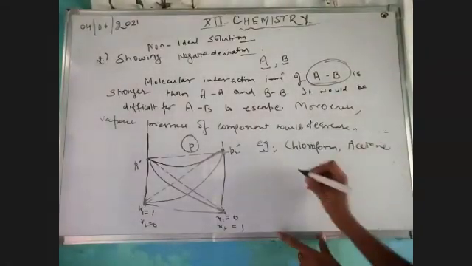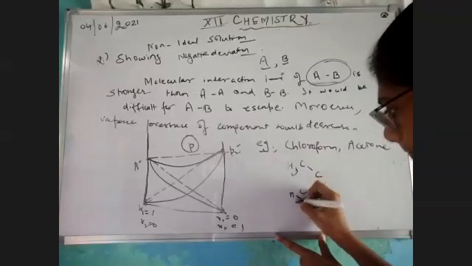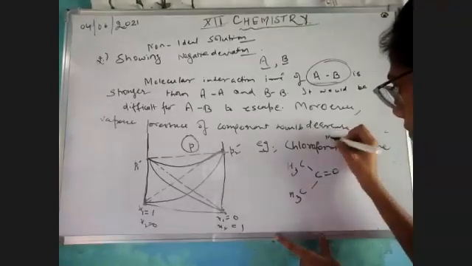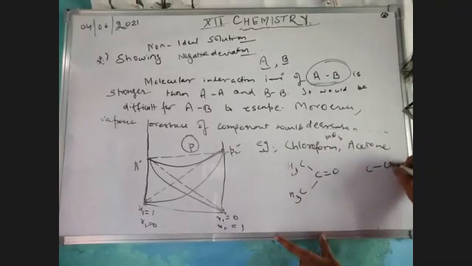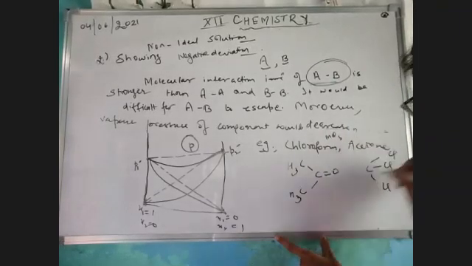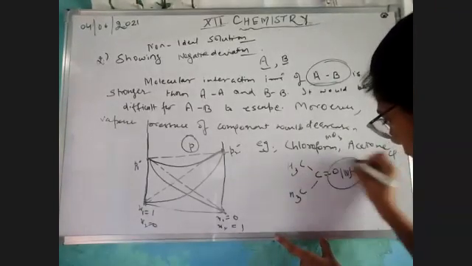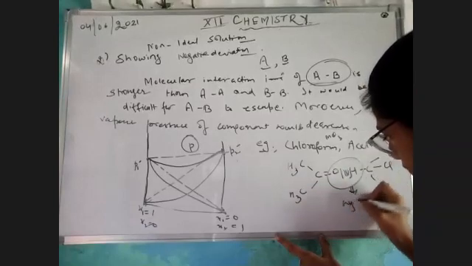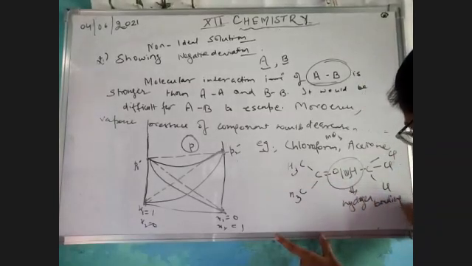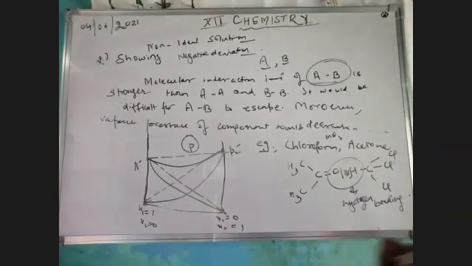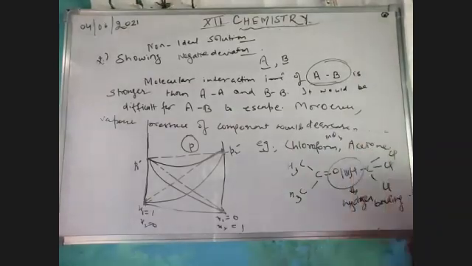This is my acetone, and chloroform is CHCl3, so this is known to be hydrogen bonding, which was not present when the chloroform was not dissolved into acetone.